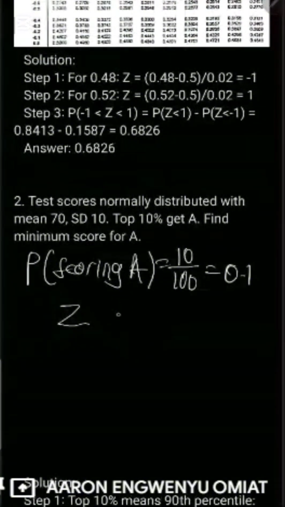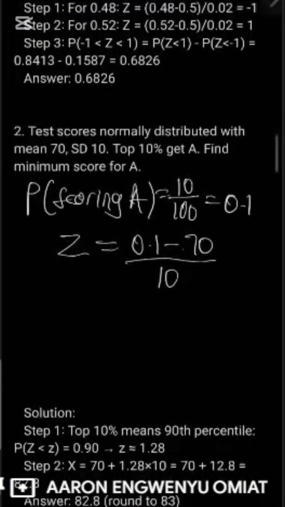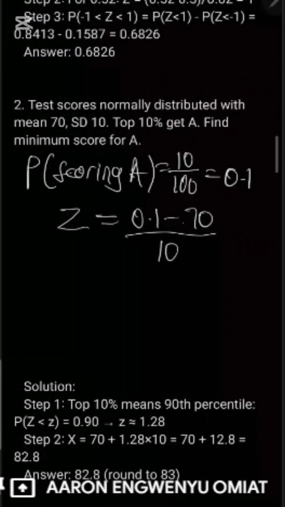Oh, you're using the formula Z equals 0.1 minus the mean of 70, divided by the standard deviation. Okay, Banji, you mixed up a little.